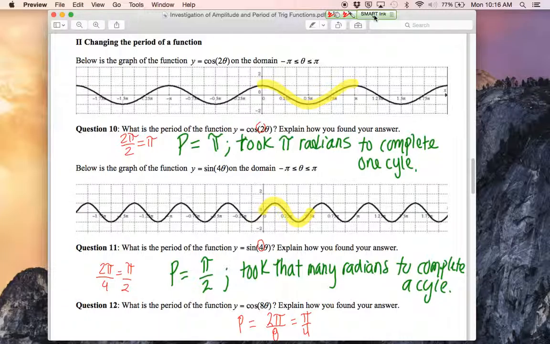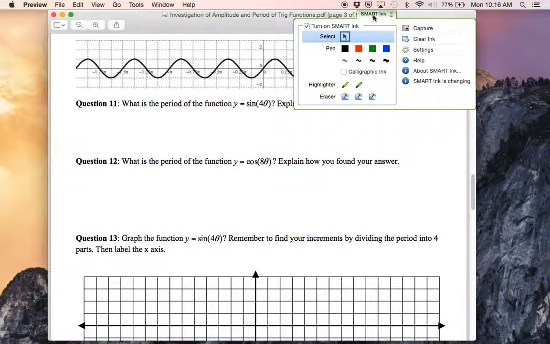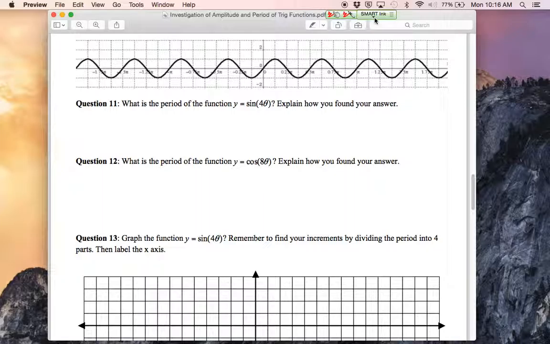How did we get that? Well, I just used the equation period equals 2 pi over k. And k is this value here.